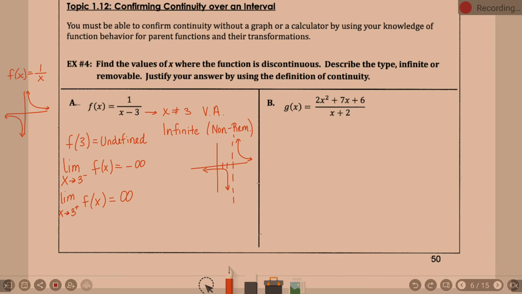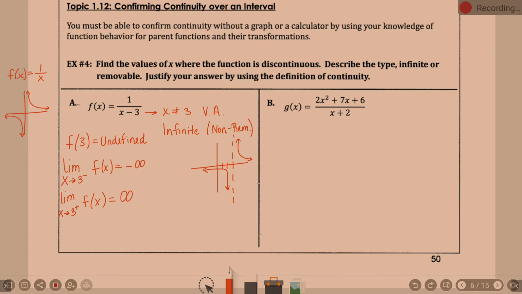As that denominator gets smaller, the fraction gets bigger, but in the negative direction. From the right, 3.0001 minus 3 gives 1 divided by positive 0.0001, which is trending towards positive infinity. So yes, you can do it that way as well. Both are good. There are advantages to remembering your graph, but the other one works too.